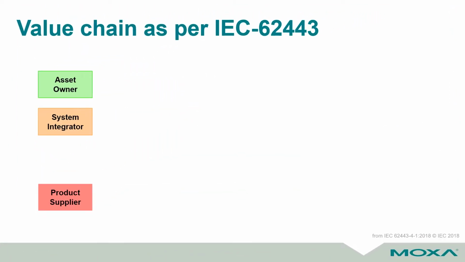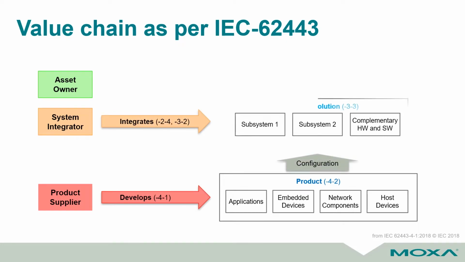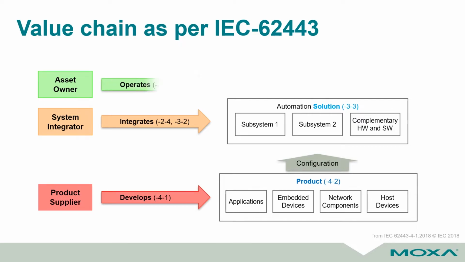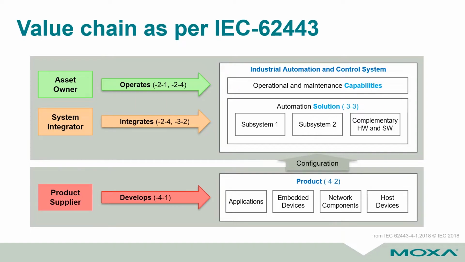Product suppliers, for example, have to first create a secure product development environment in order to create secure products. These products have to be configured properly by system integrators who provide subsystems and put them together into the overall industrial automation and control system, which is finally operated by the asset owner.